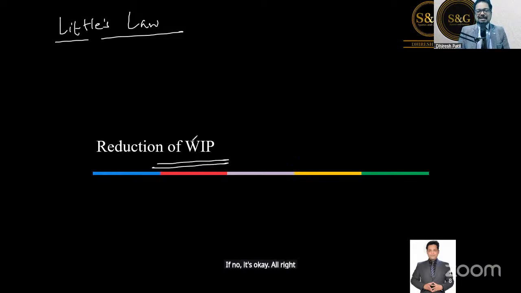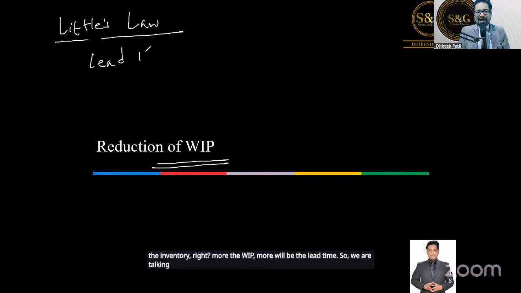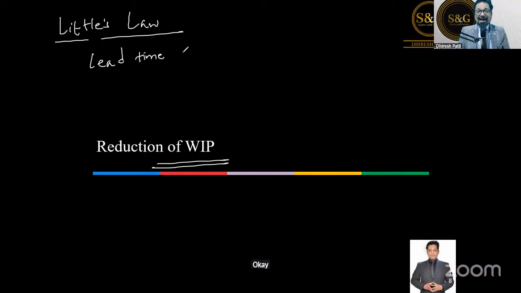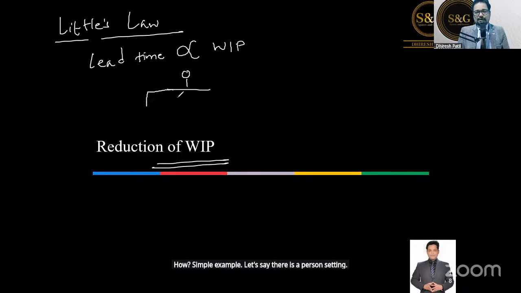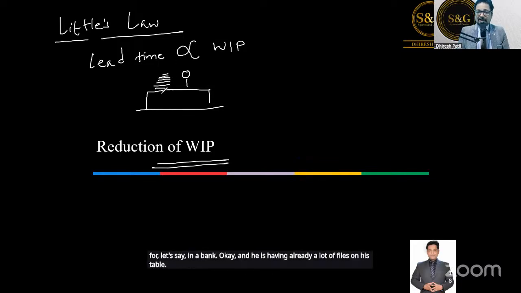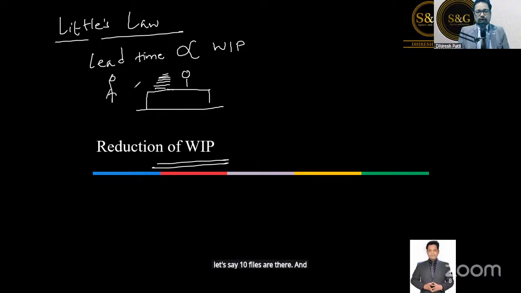All right, let's understand this. WIP is work in progress, the inventory. The more the WIP, the more the lead time. So we are talking about lead time reduction. Lead time is directly proportionate to the WIP. Simple example: a person sitting in a bank already has 10 files on his table and you come along with your file.